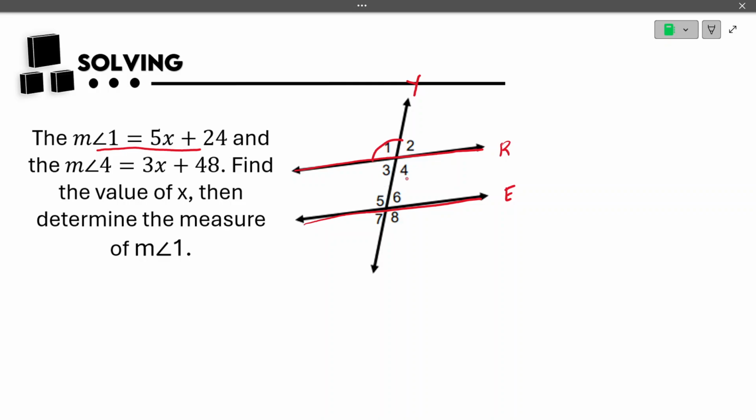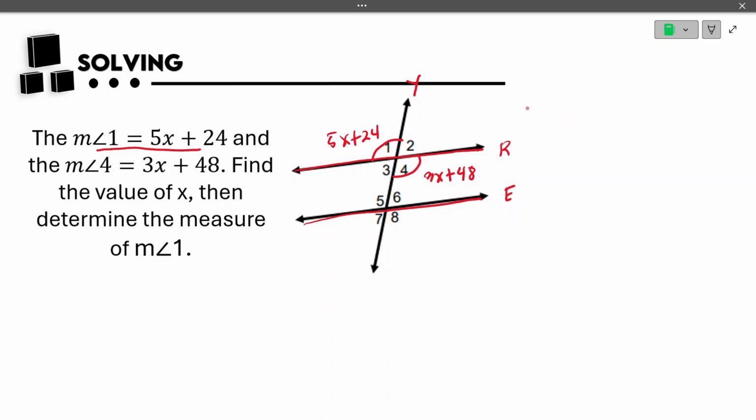And we have the angle 4 here is 3x plus 48. Again, our angle 1 is 5x plus 24. And we know that angle 1 and angle 4 are vertical angles. In the angle theorem, we know that when we spot vertical angles, they are always congruent.